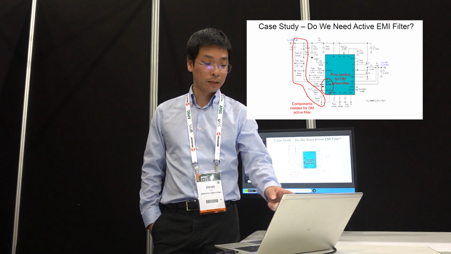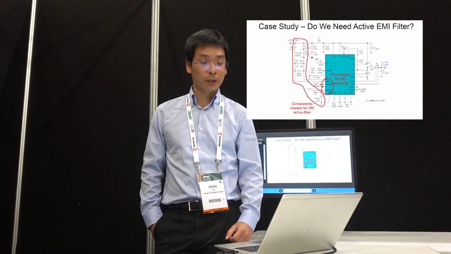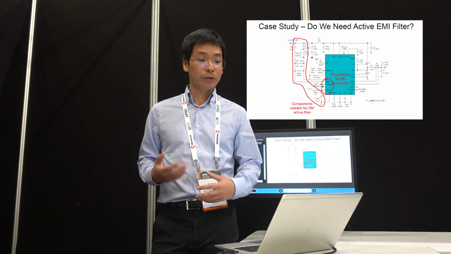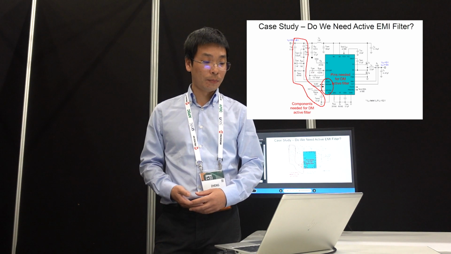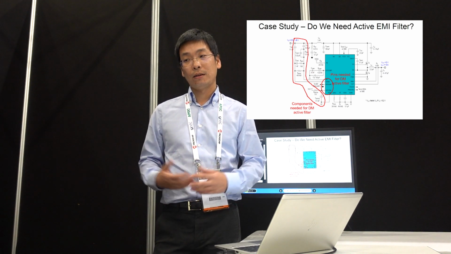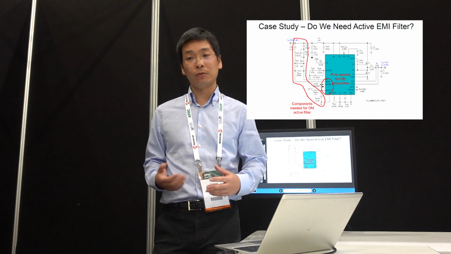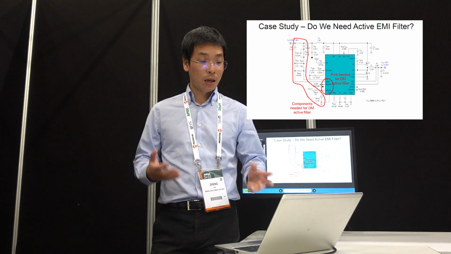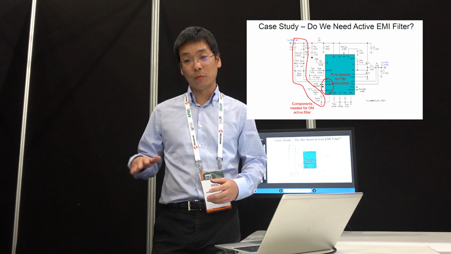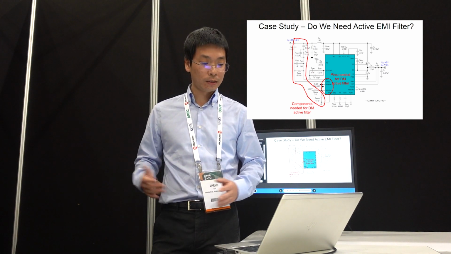You also need to design the compensation network, both at low frequency and at high frequency, to make the circuit stable. So a natural question coming to an engineer's mind is whether the components I add are worth it. If, compared to the best optimized passive EMI filter design, this active EMI filter shows much better results, then it's worth it. Otherwise, I might not need it.